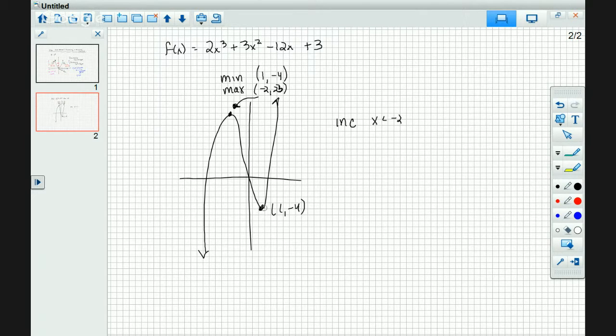Yes or no? And x is greater than 1. So increasing here and here. It is decreasing in here, correct? Down to the right. Between -2 and 1.